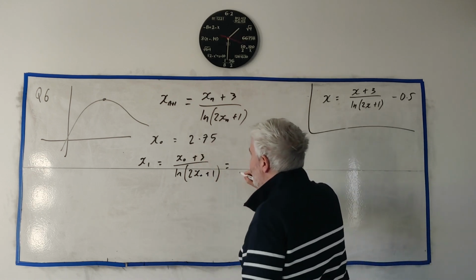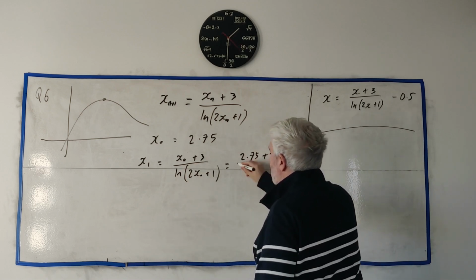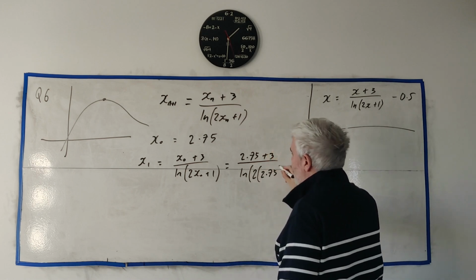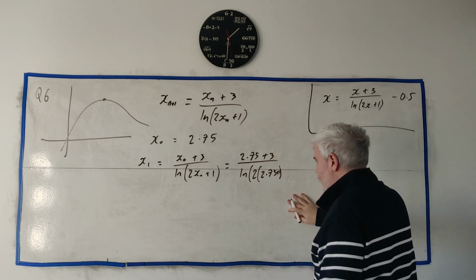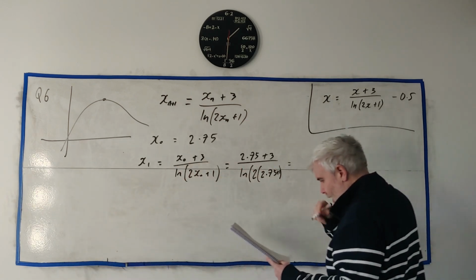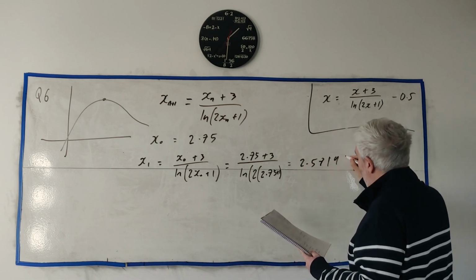Okay, so my first guess was 2.75. So my second guess will be 2.75 plus 3 divided by natural log of 2 times 2.75, plus 1. If you put all that into a calculator, you get 2.57191.